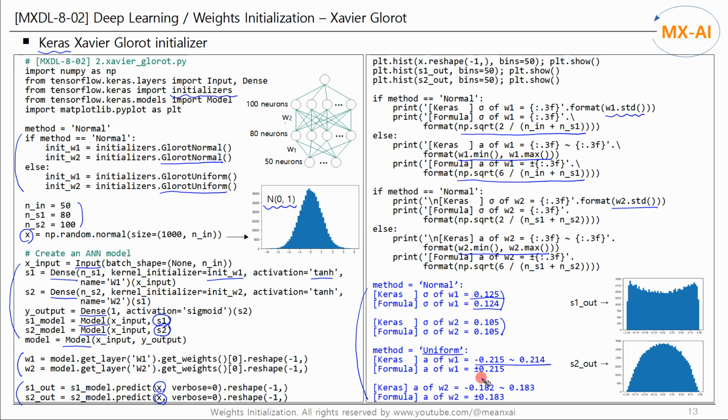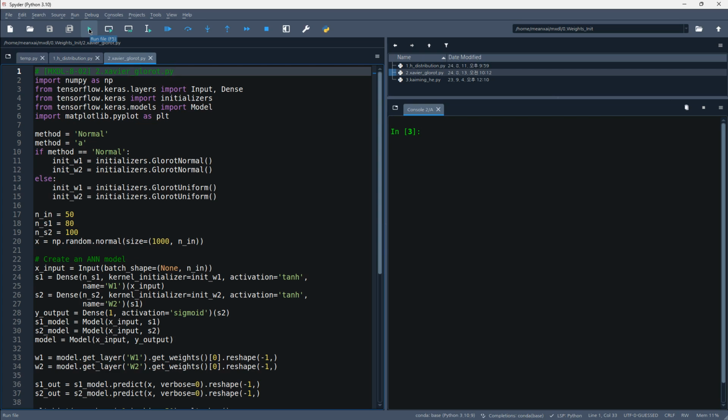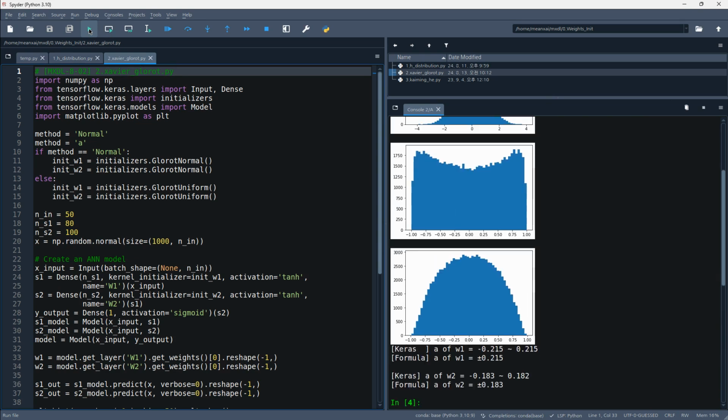The results calculated by the formula are as follows. The two results are similar. For W2, the two results are similar. Let's run this code. The results are as follows.